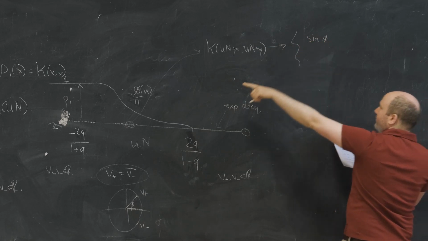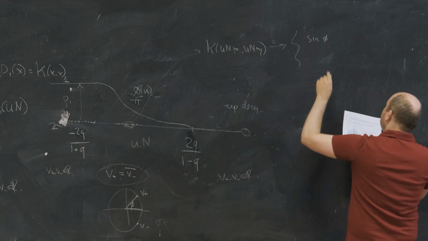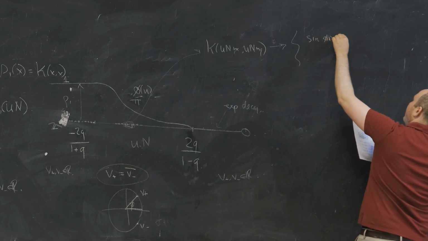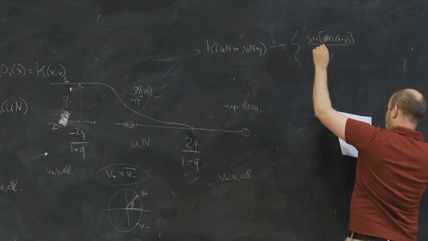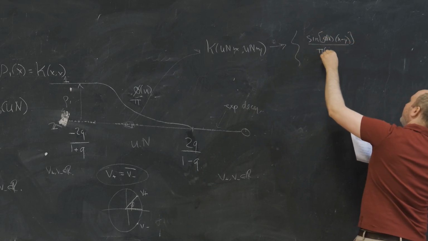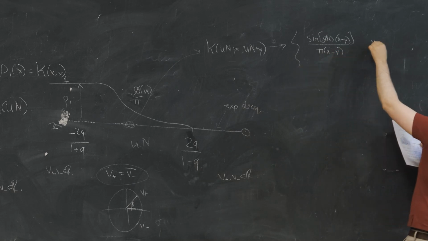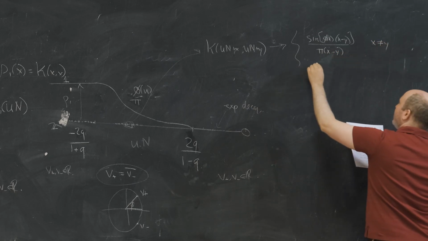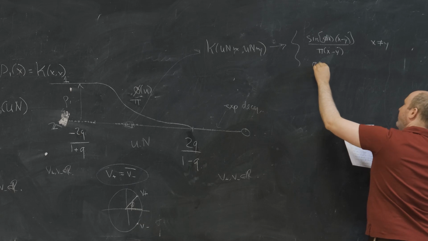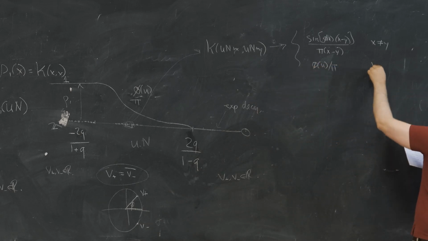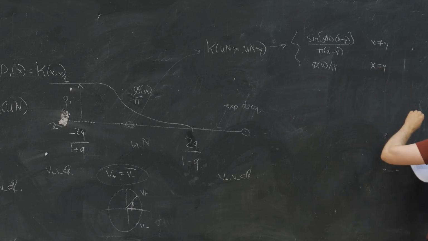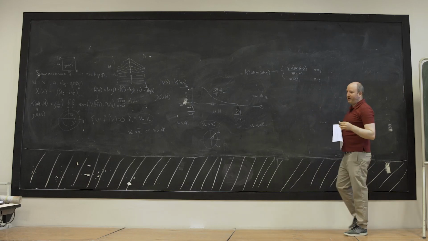It still depends on this same angle phi, so it's sine of phi u times x minus y, divided by pi times x minus y. And this is if x is not equal to y, and if x is equal to y, it's just the diagonal term, which we already computed. So this is something that goes by the discrete sine kernel.